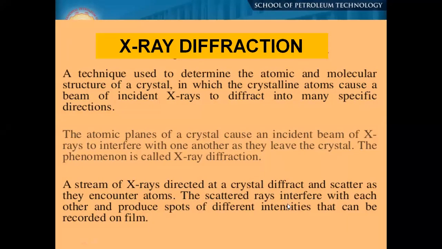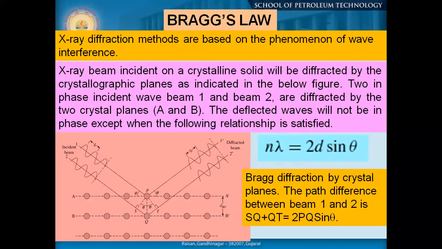The scattered rays interfere with each other to produce spots of different intensities that can be recorded on film or measured with respect to a certain angle, and we use that for identification of specific minerals or crystals. It is a very simple law, Bragg's law, that we use.